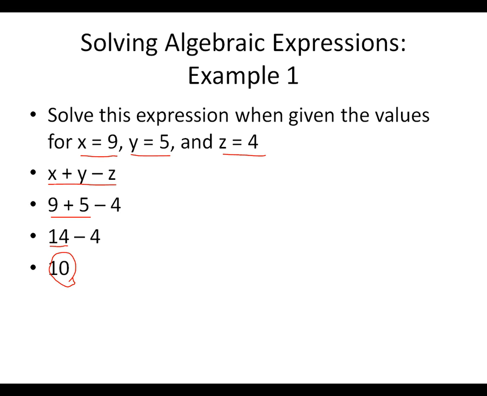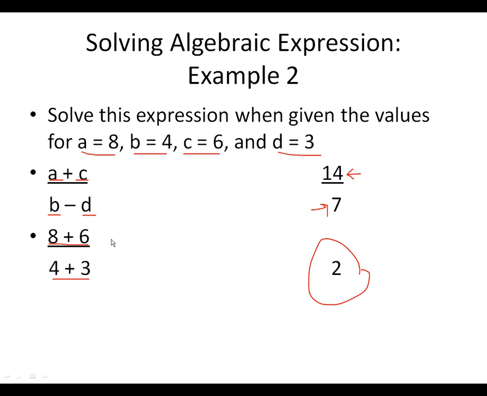As you see here, we have the expression x plus y minus z. Now if we plug in all the constants for which the variable represents, we get 9 plus 5 minus 4. As you see, 9 plus 5 equals 14, minus 4 equals 10.